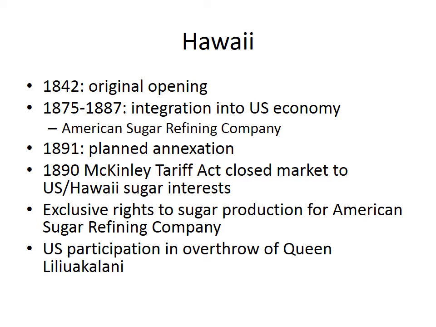Okay, as a result of this, the Hawaiian queen at the time, Liliuokalani, feels that this is not in Hawaii's best interest, that Hawaii's best interests are served by having multiple competitive interests in their sugar industry. Okay, most notably Britain, France.